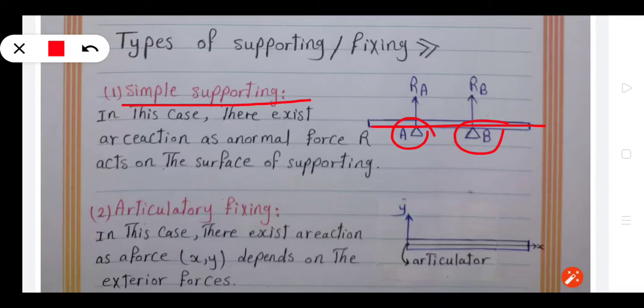Due to every point of supporting, we have a normal reaction on the surface of supporting. Due to supporting point A, we have RA, the normal reaction due to point A, and RB, the normal reaction due to point B.